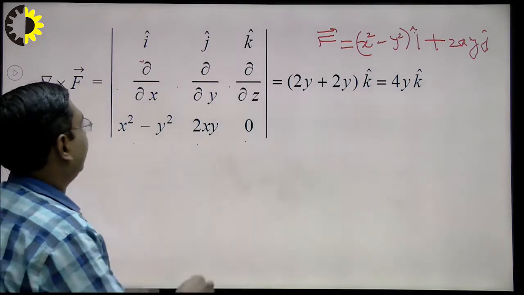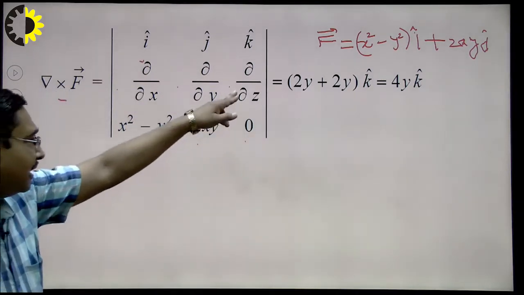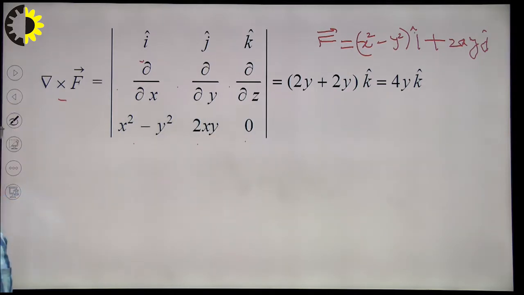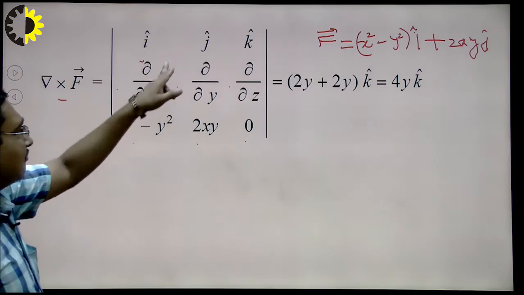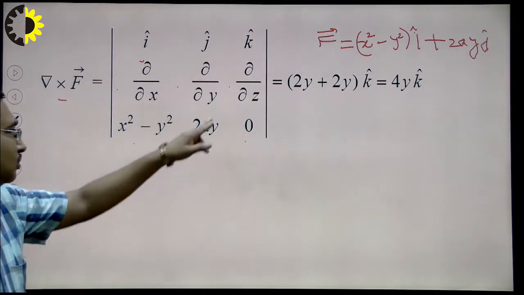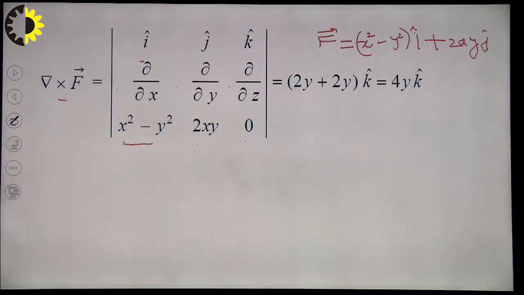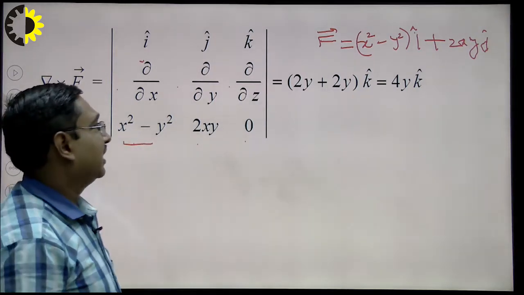i cap times del over del y of 0 will be 0, del over del z of 2xy will be 0. So, the term of i will be 0, minus j cap, del over del x of 0 will be 0, del over del z of this will again be 0. So, there will be no term of j cap.